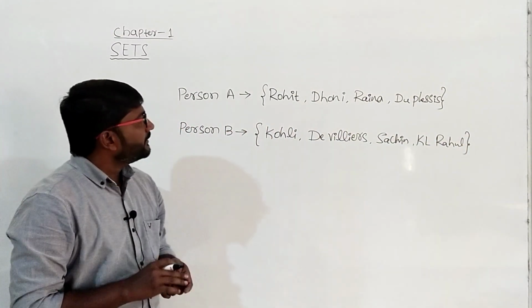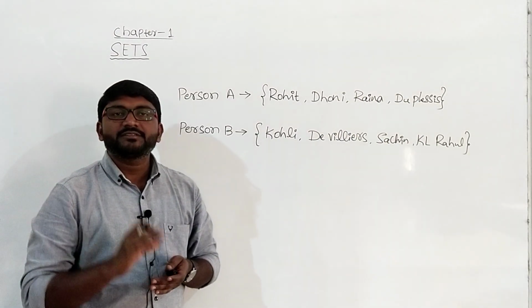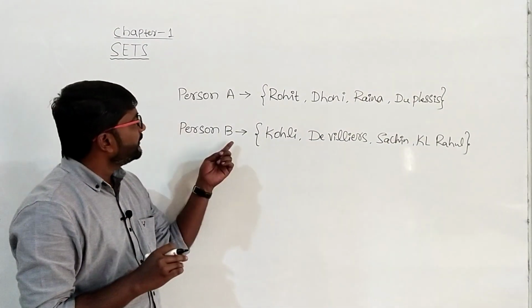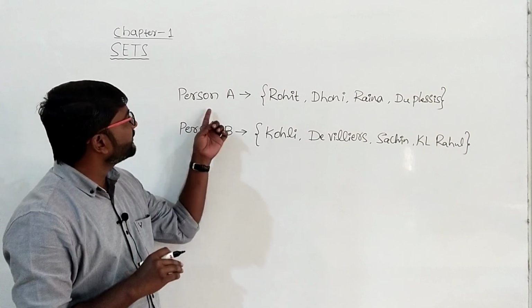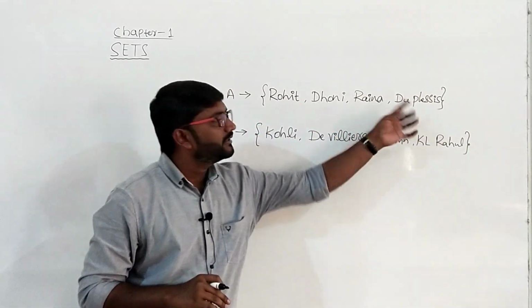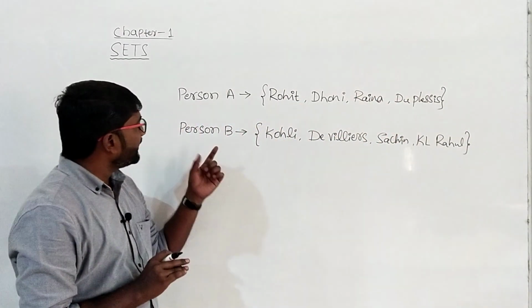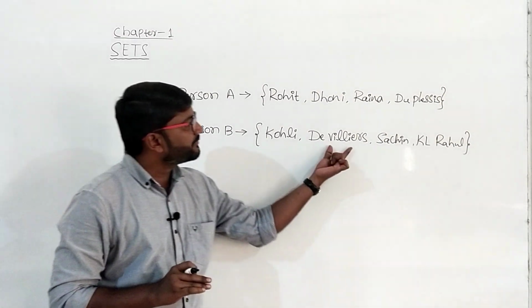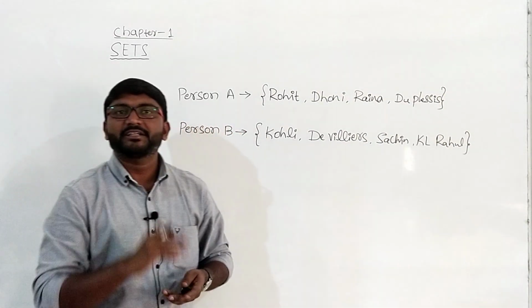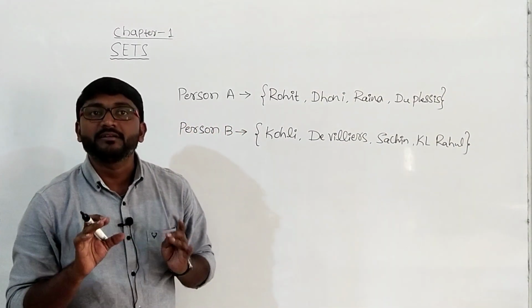So the collection of objects varies from person A to person B. According to person A these are the top 4 batsmen, and according to person B these 4 are the best batsmen of the Indian Premier League.